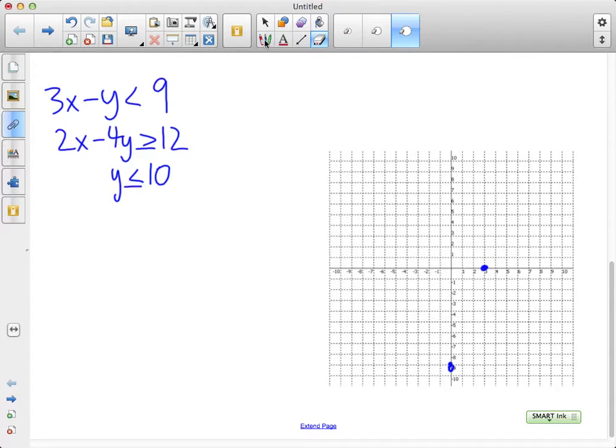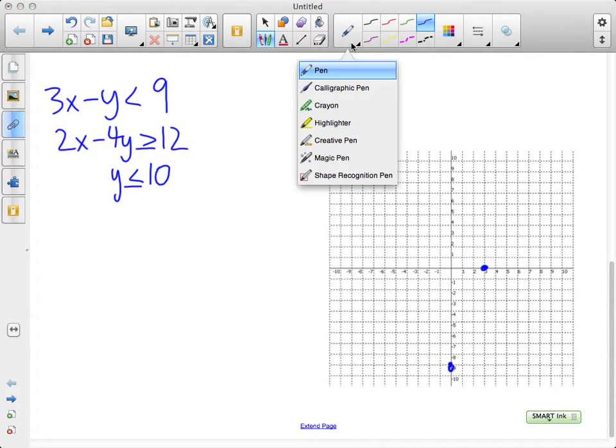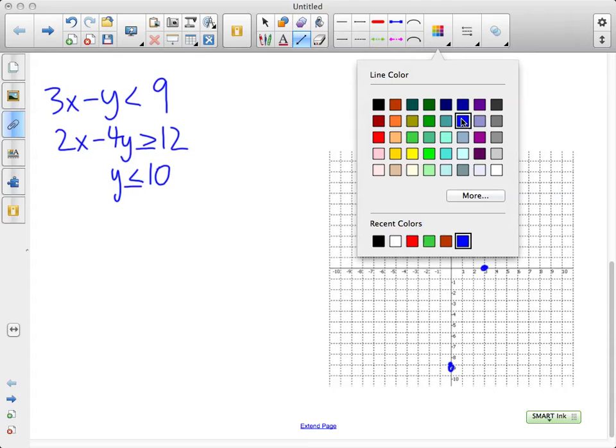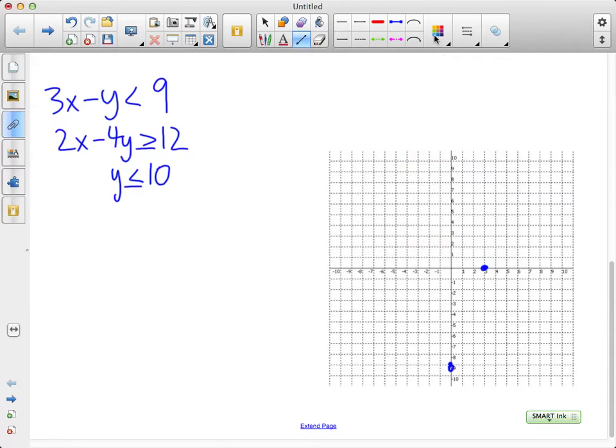Now it's a strictly less than, which means I'm going to use a dotted line, a blue dotted line. And I need to figure out which way to shade.